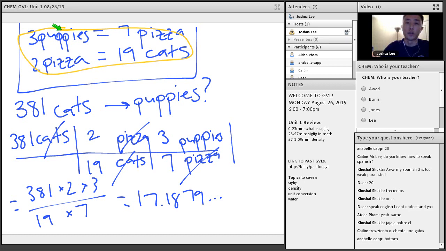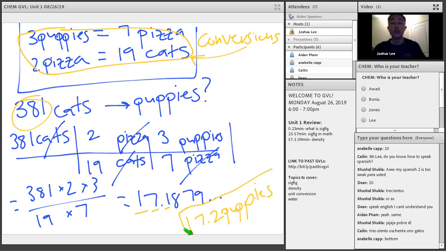So typically for conversion values, we don't use these as sig figs. The only sig figs we actually have is the 381, which is 3 sig figs. So it'll be 1, 2, 3. So my answer would be 17.2 puppies. I don't know how you would get a 0.2 of a puppy.